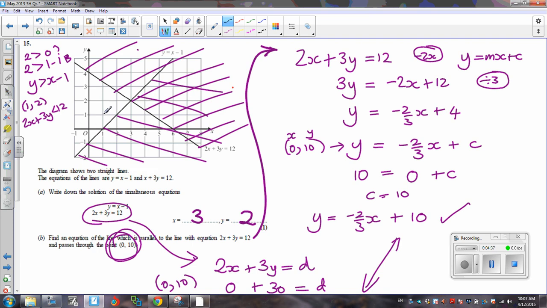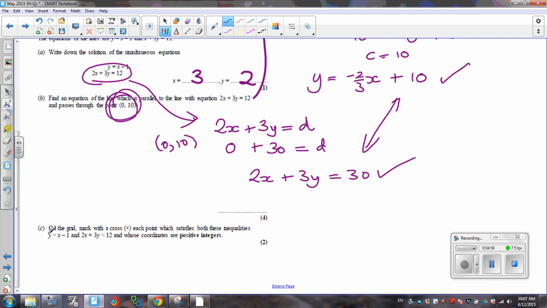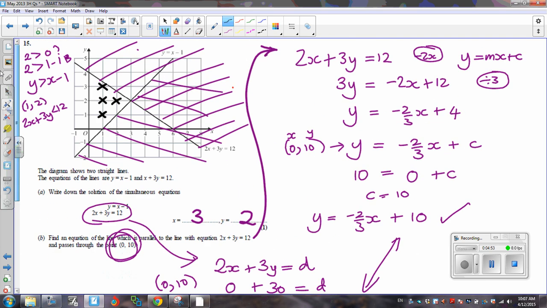So the ones that I'm looking for are here, here, here, and there, and the points not on the line, because it says less than 12, greater than. So we are not including the lines in this case. So actually it's just those 4 points there.